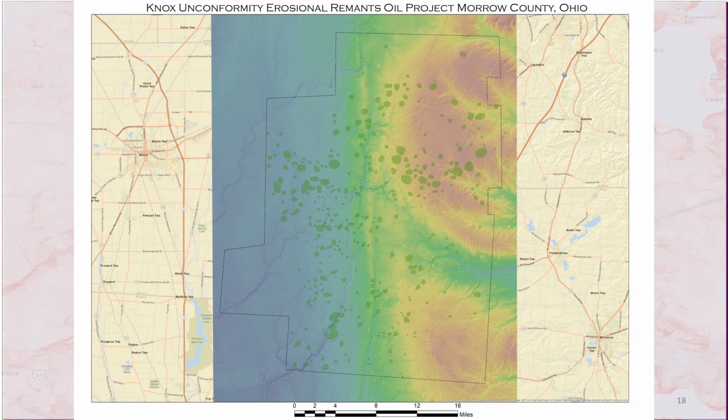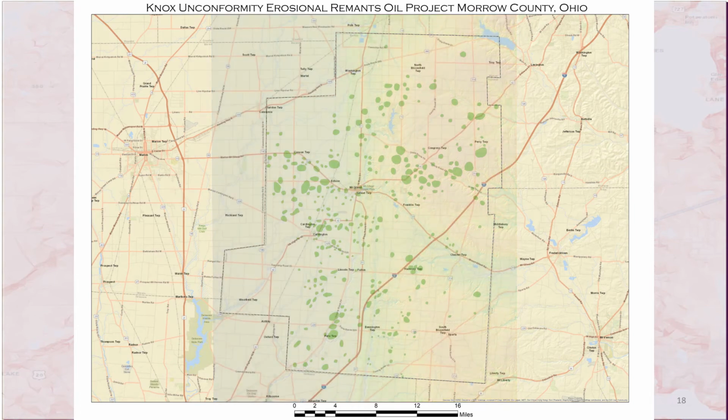I can take out the dry holes and the oil wells, and then we have a first modern remnant map of Morrow County, Ohio. Let's take out the DEM, and you can see where the placement of all these are.